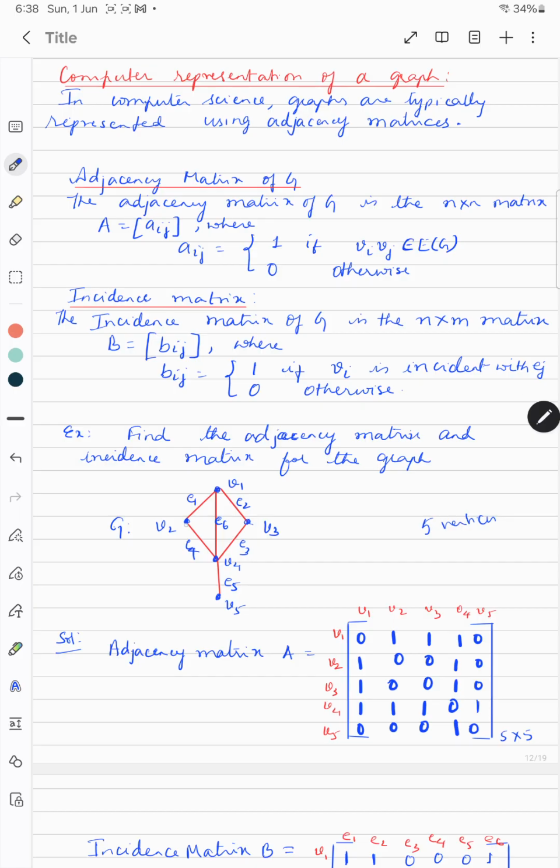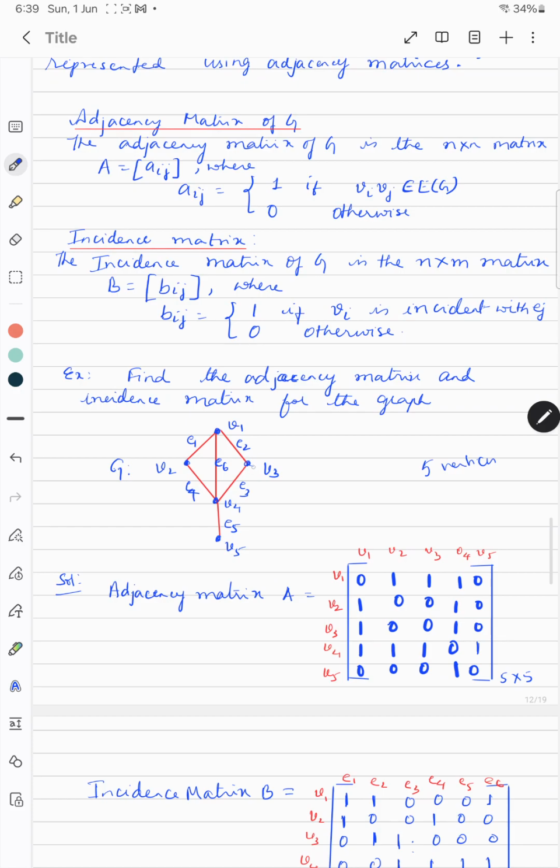Similarly, V2, V1 is connected through the edge E1 and hence the value is 1. There is no loop at the vertex V2, hence V2, V2 is 0. V2, V3: we don't have any edge between V2 and V3, hence it is 0. Then if you consider V2, V4, it is 1. V2, V5 is 0 because no edge connects V2 and V5.